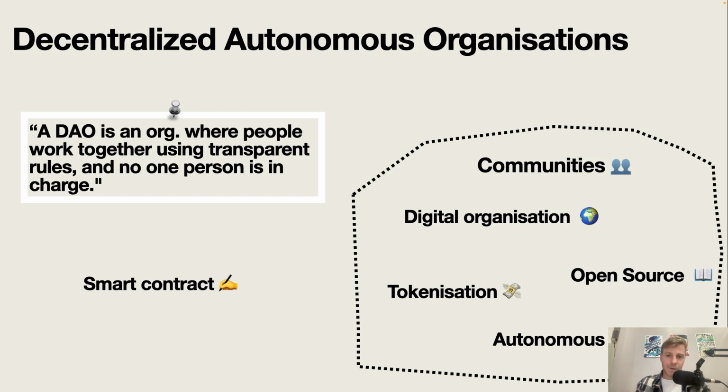And they vote on things, they decide to allocate money and resources to different things. But there is no one person in charge, and it's essentially a replacement for traditional companies or maybe other types of organizations. It can be a replacement maybe for nations, it can be a replacement for traditional associations. It's a new type of organization that is digital.